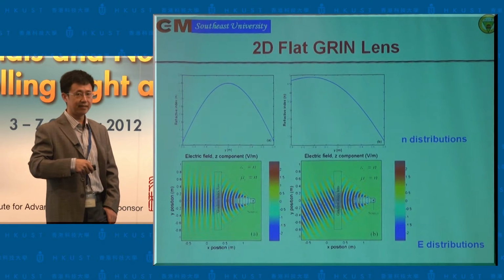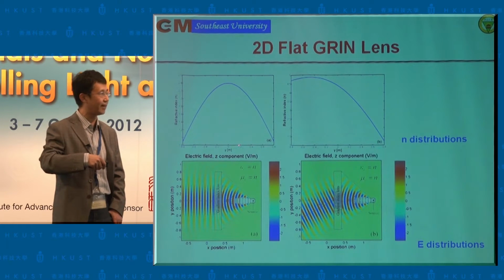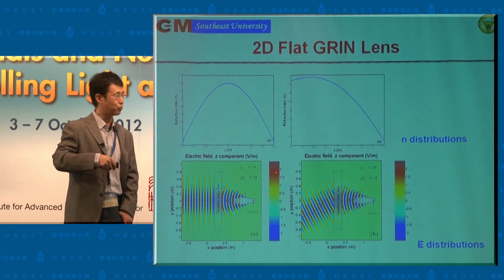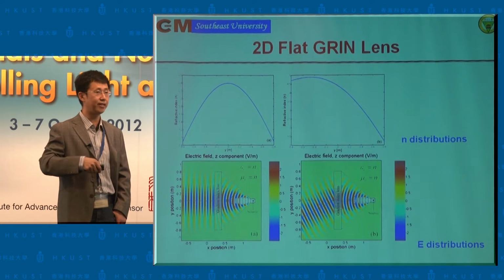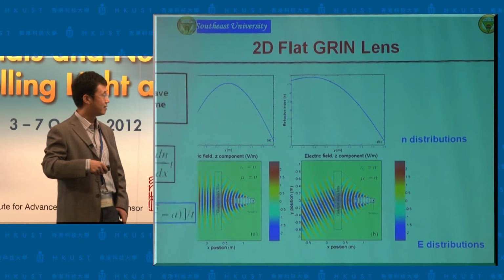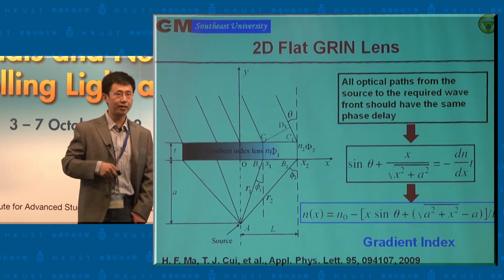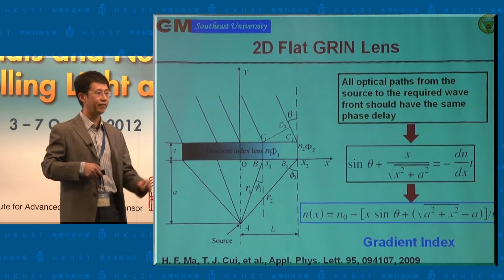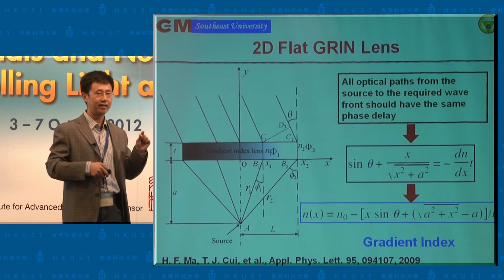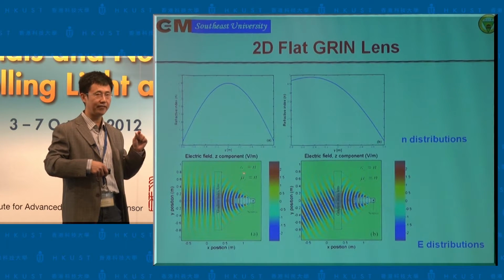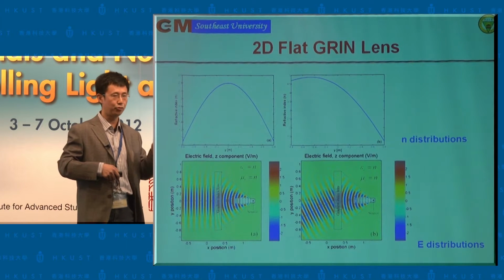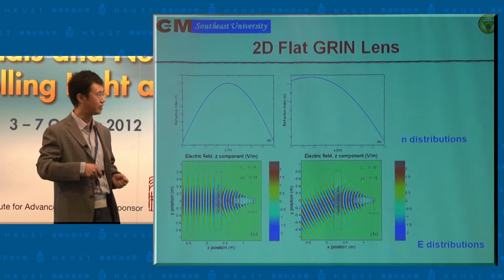So this is a simulation result of the 2D case for the gradient index lens. In this simulation, because from the geometric optics method we only derive the index of refraction, there are a lot of choices for the electric permittivity and magnetic permeability to realize the same index of refraction.